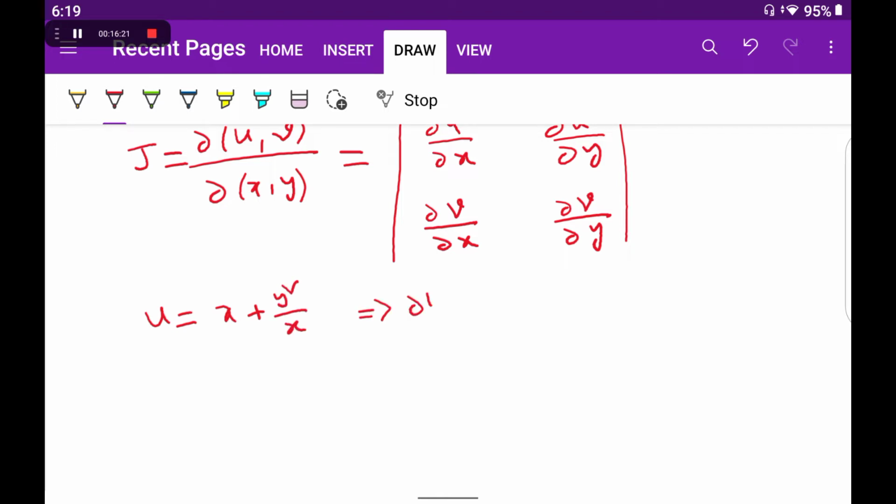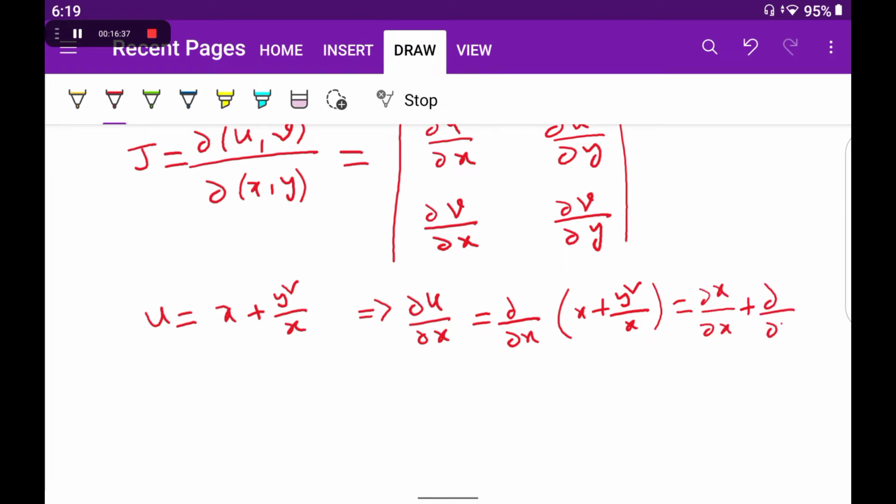So therefore, what is dou u by dou x? Dou by dou x of x plus y square by x. The derivative of x with respect to x plus dou by dou x of y square by x, which is: dou x by dou x is 1. Here we are differentiating with respect to x, and you have y square in this.